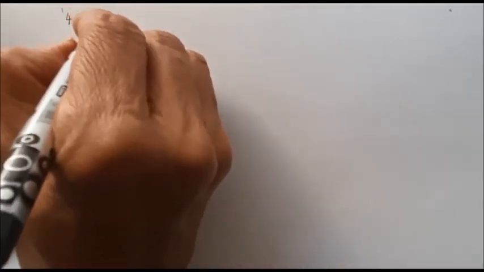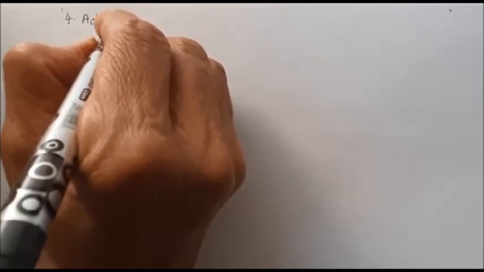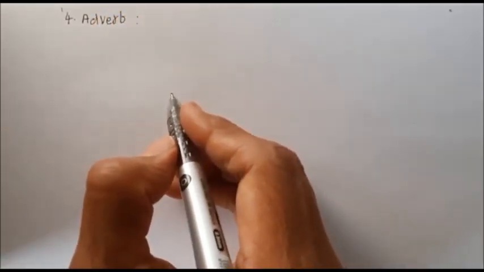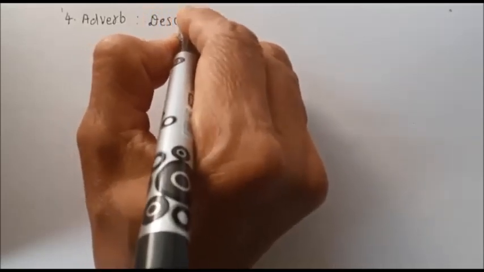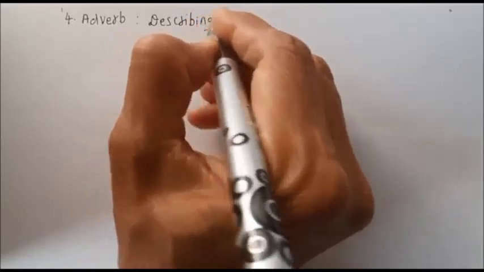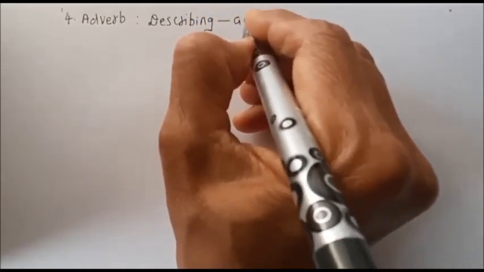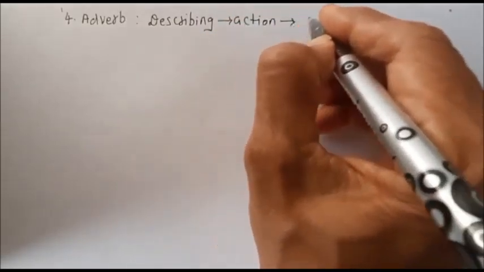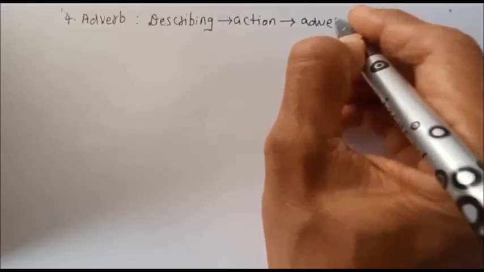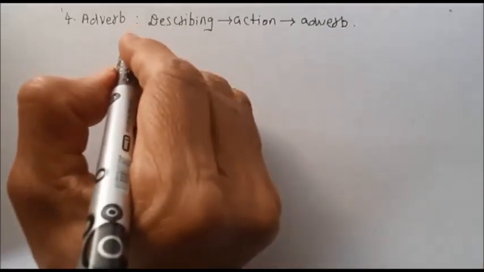So now let's move ahead with our fourth part of speech, and that is adverb. So what do you mean first of all by adverb? That you should know very perfectly. Whenever you describe any action, that describing word is called an adverb, right? For example, let's take it this way.